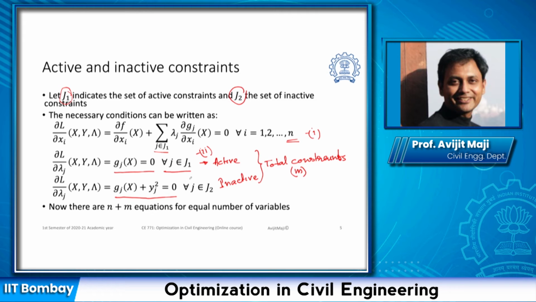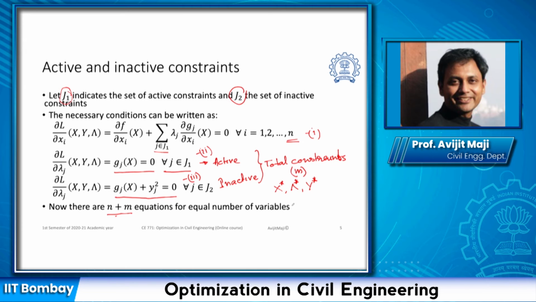So these three components, I would say this is 1, this is 2, and this is 3. If we solve these three components, then we have n plus m equations for an equal number of variables, and if we solve we can easily obtain our solutions for the optimum x star, lambda star and y star.